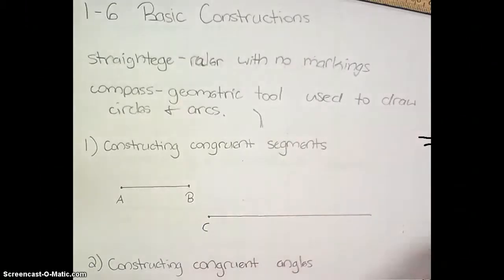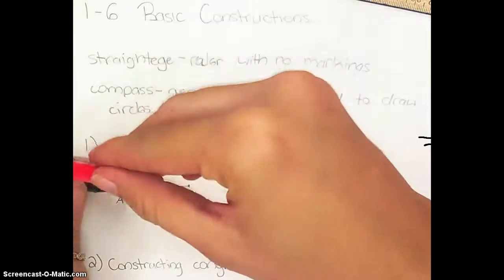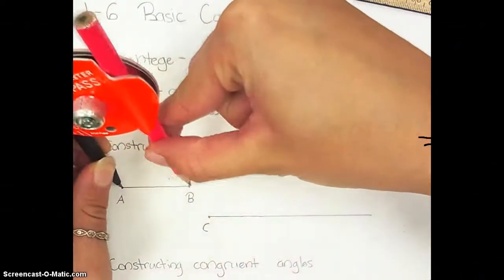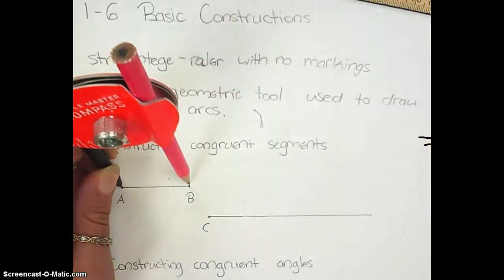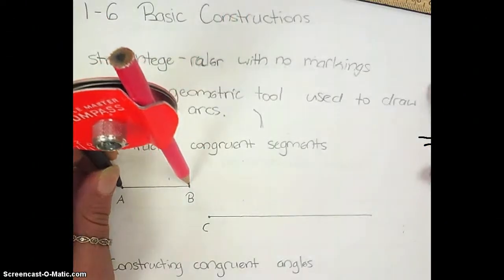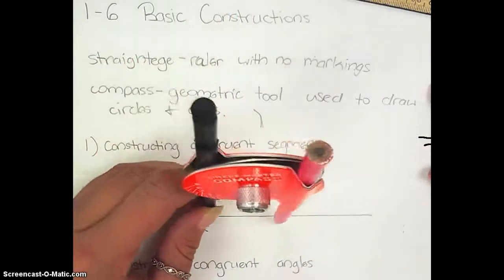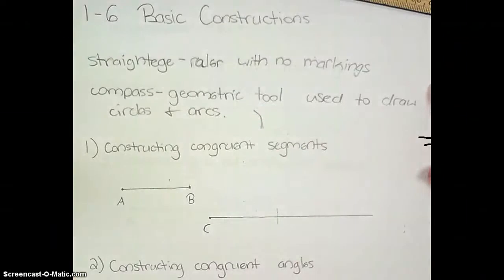Next thing you're going to do is take your compass. You're going to put the pointy end at A, and then open it up all the way to B. Okay, so you want to open up until you get to B, like that. Once you do that, put the point in at C, and then you're just going to make a mark like that that goes through the segment.